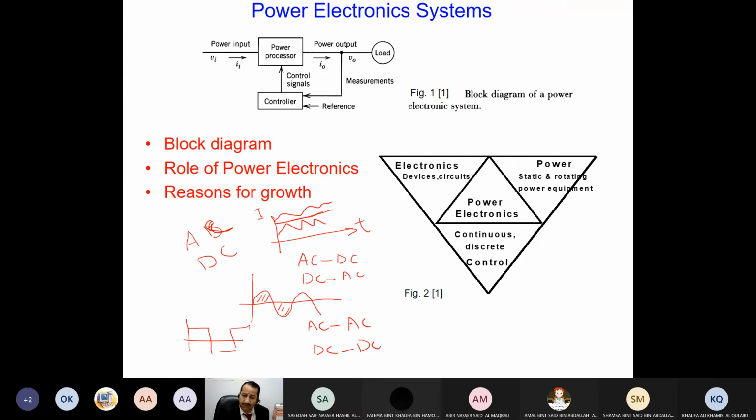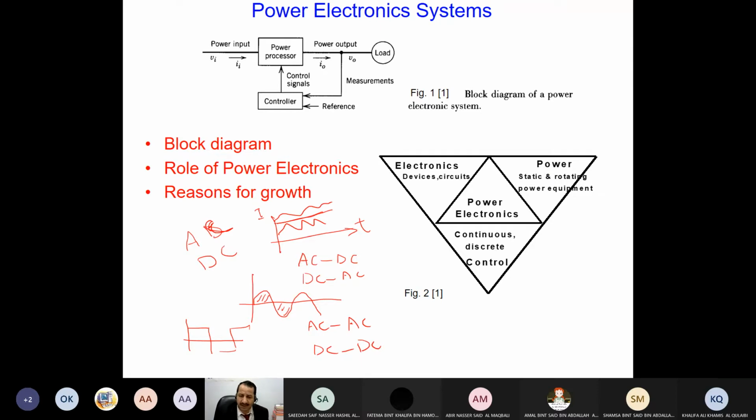Or say you have a 12 volt input supply, and the device you use needs 18 volt. You need to increase it, but it's still DC. So converting from DC with certain specifications into another DC with higher or lower specifications is called a DC converter.